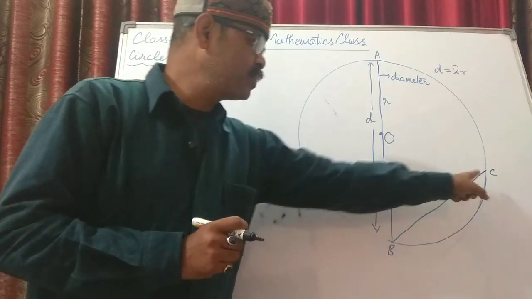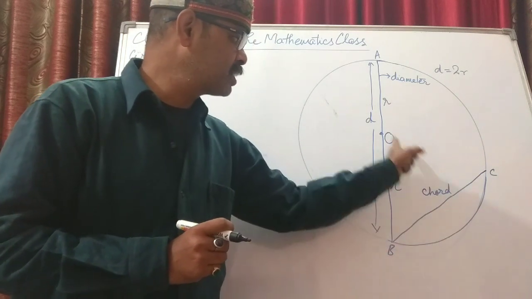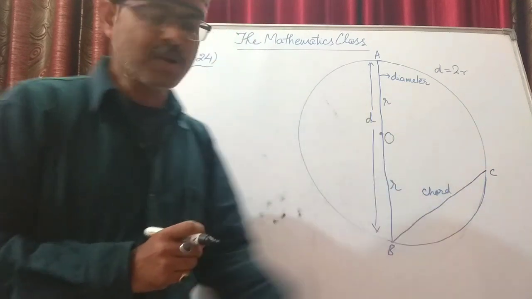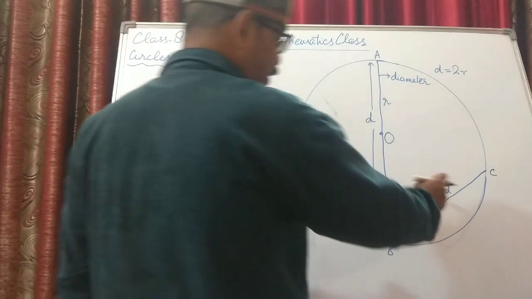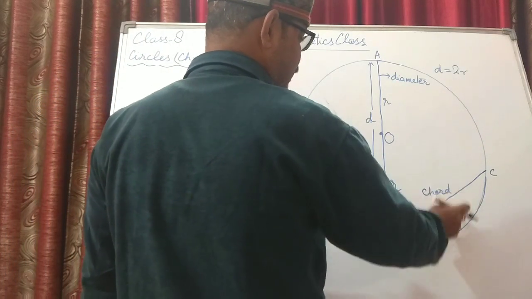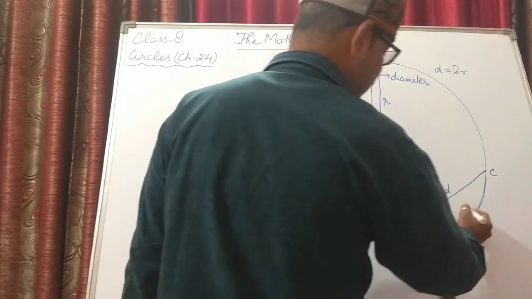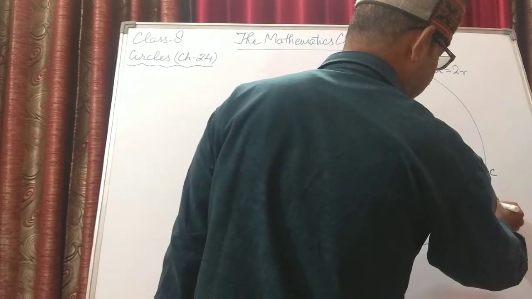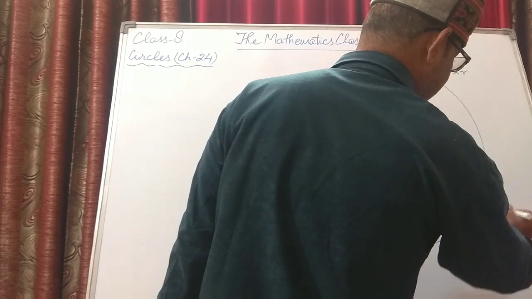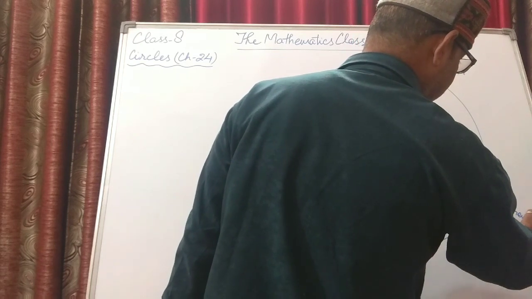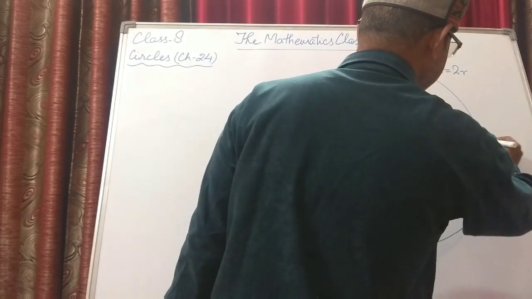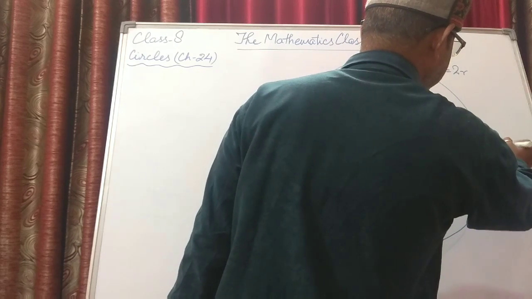Whereas BC is not passing through the center, so it is simply known as a chord. Now this chord divides the circle into 2 parts, and these parts are known as segment. This is one segment, and this is another segment.